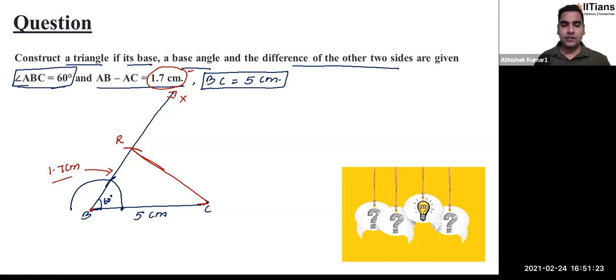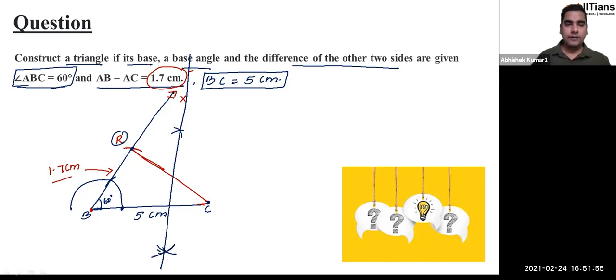So assuming C to be the center and taking more than half of the length of RC, let's say this is one arc above RC, this is the second arc below RC. Then assuming R to be the center, one arc above RC, one arc below RC, and these two arcs are going to cut each other. So you have to join them using a straight line. If you join them using a straight line, you might get something like this.